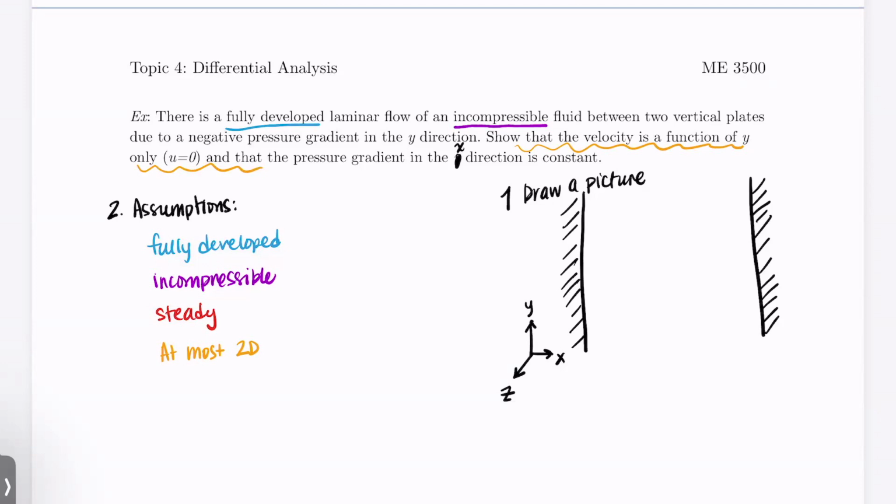All right. So at most 2D, since we've drawn our coordinate system like I've shown over here on the board, we're going to assume that the z component of velocity w is 0 and that our z derivatives of velocity are also 0. Steady, of course, means that our time derivatives are going to be 0. Incompressible means that density is a constant. And then fully developed.